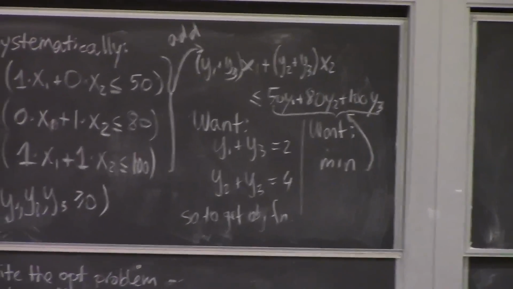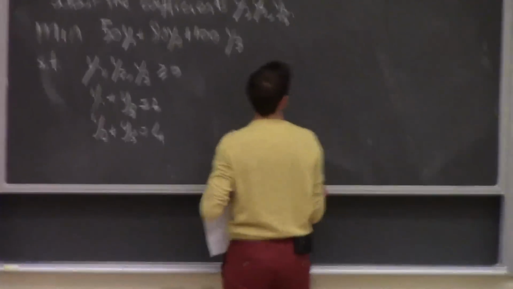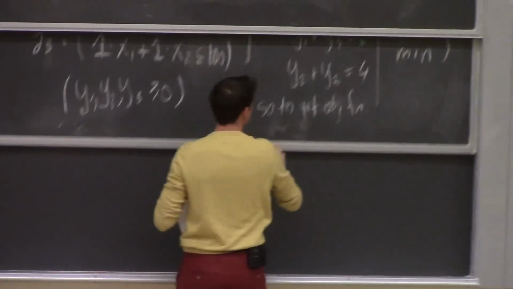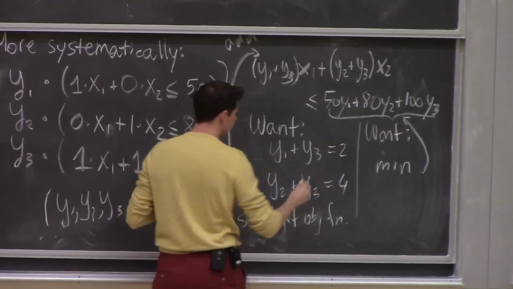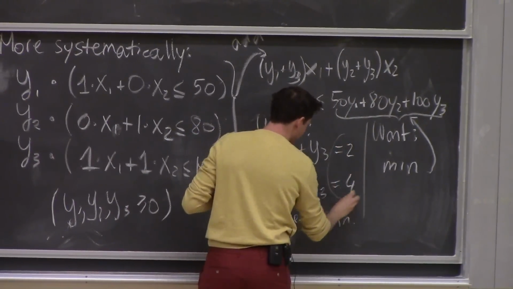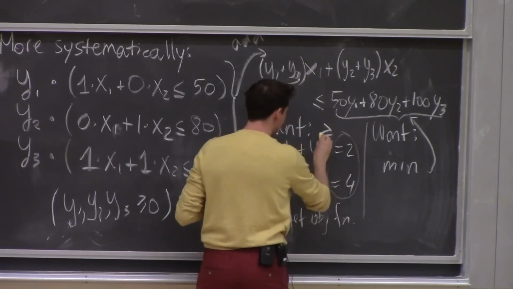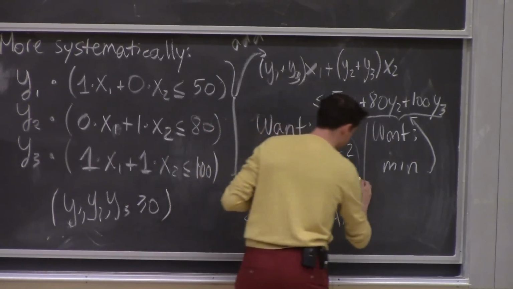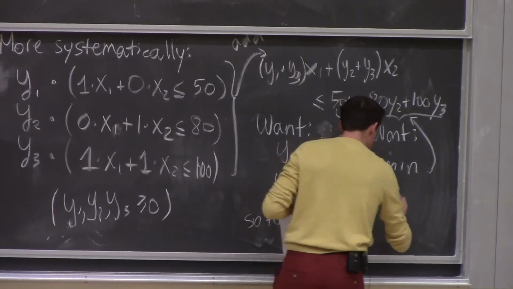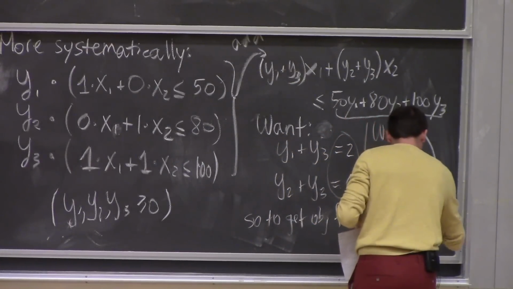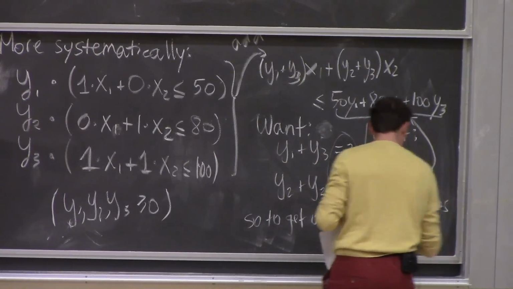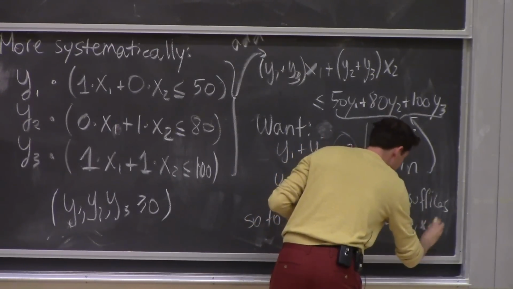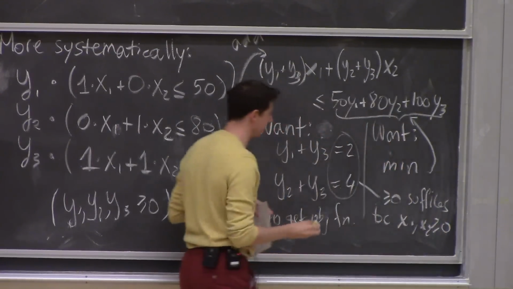So I'm going to come back here and say that I can actually make this greater than or equal. Greater than or equal suffices because x1 and x2 are non-negative.